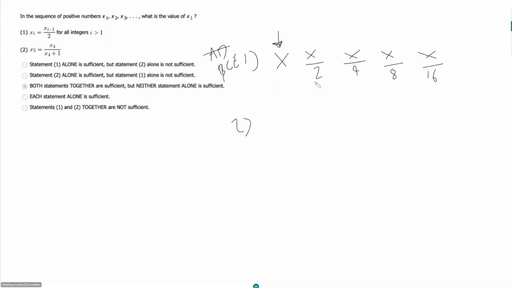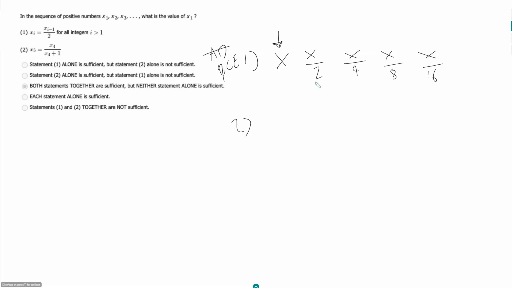But now, taking them together, we have two different formulas for finding the terms in our sequence. We can think of this as really having two equations for solving for the fifth term, because my first statement is a generic equation for any term, but I can still use it to find the fifth term.